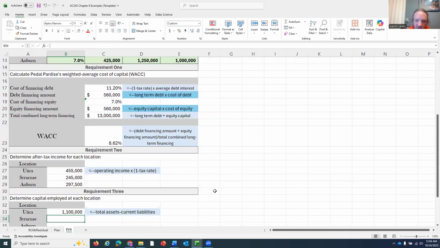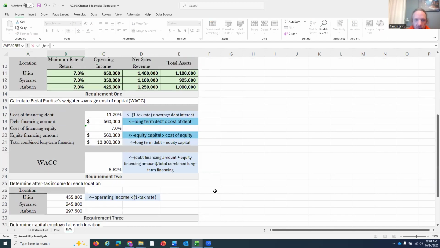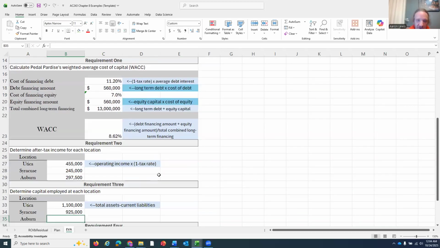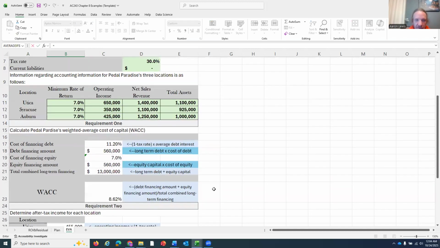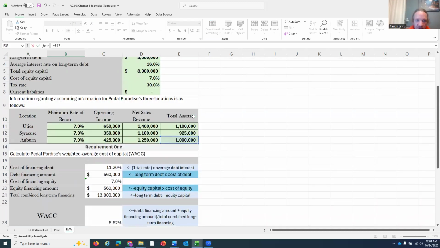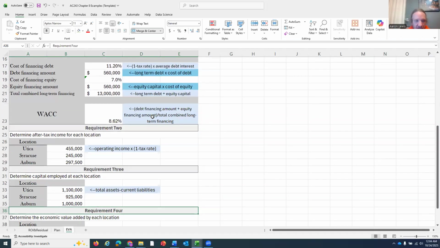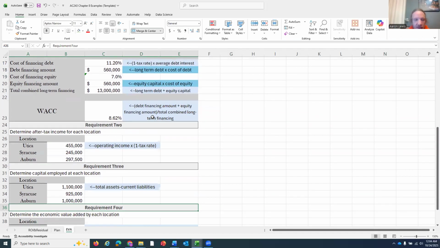So all $1.1 million is employed. For Syracuse, $925,000 of total assets, minus our $0 of current liabilities, all 925 is employed. And for Auburn, they have $1 million worth of assets. They have $0 of current liabilities. They have $1 million of capital employed at that location.